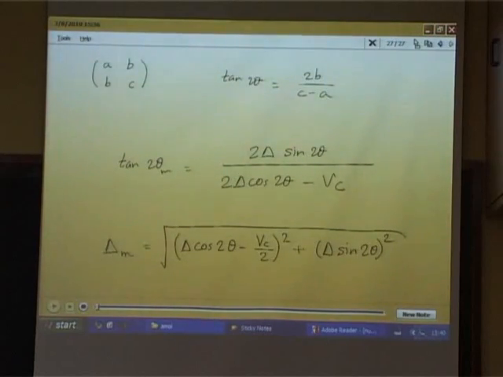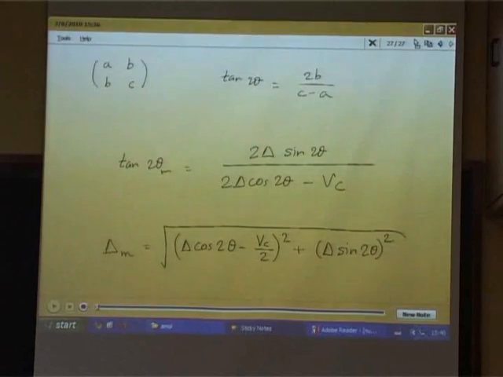It will be VC by 2 here. Remember, VC goes to 0. When VC goes to 0, this is simply equal to delta. So that's at least one thing we can check. And as VC changes, the value of delta changes. So these two are the mixing angle in matter and delta in matter. So what has happened in matter is, effectively you have changed the mixing angle and you have changed the value of delta.